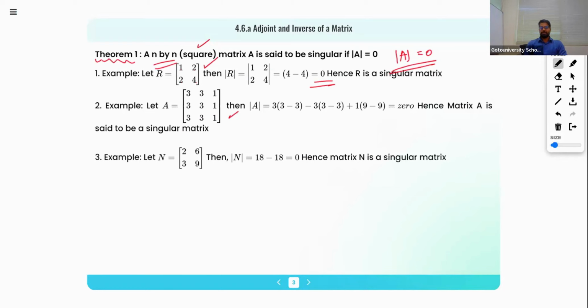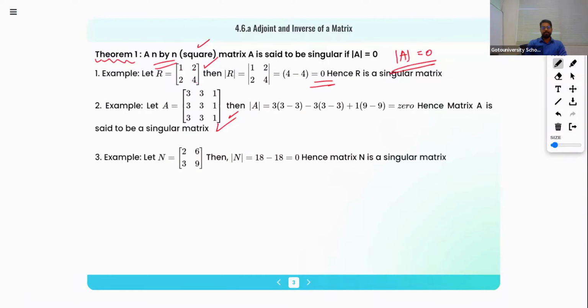On that basis, without even solving, I can tell all these 3 rows are identical with each other, and 2 columns are identical with each other. If I take one common from each of them, this entire element will become 1, 1, 1, right? So that is why this determinant is 0 and it is a singular matrix.